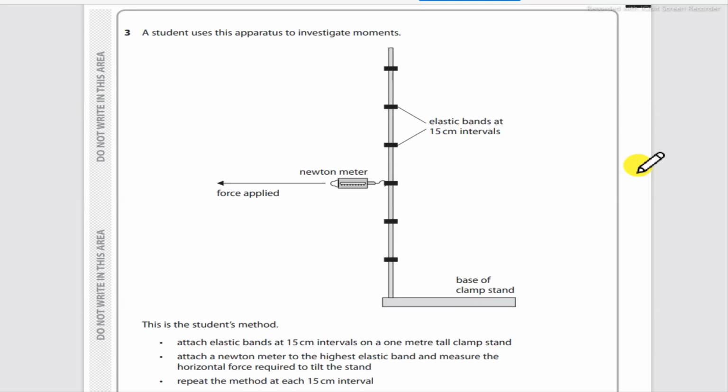Base of the clamp stand. This is the student's method. Attach elastic bands at 15 cm intervals on a 1 meter tall clamp stand. Attach a Newton meter to the highest elastic band and measure the horizontal force required to tilt the stand. Repeat the method at each 15 cm interval.